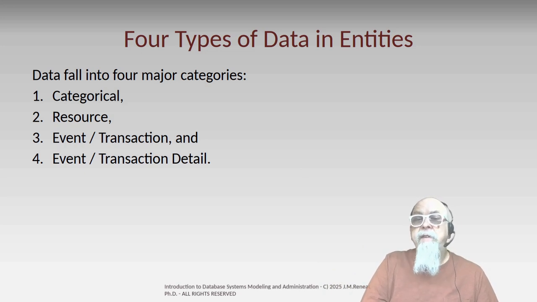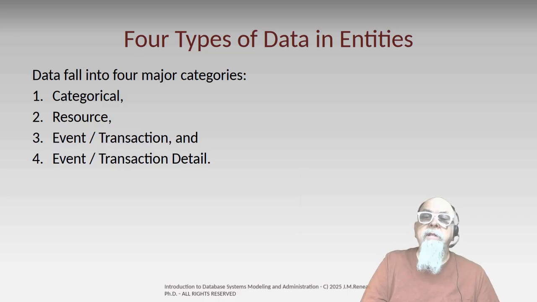We then have events slash transactions, and that's an or. An event would be a customer placing an order, or us receiving inventory from our vendors, or stuff like that.